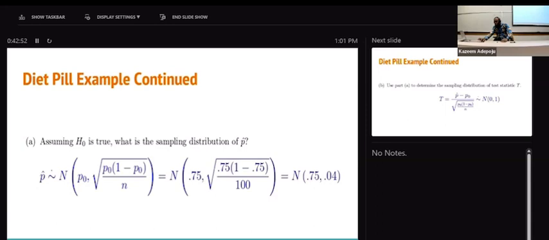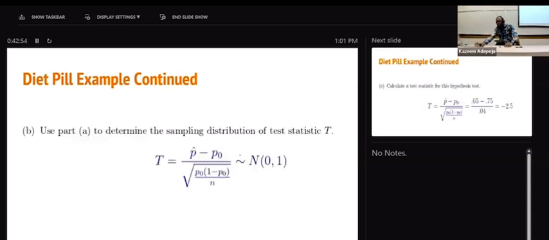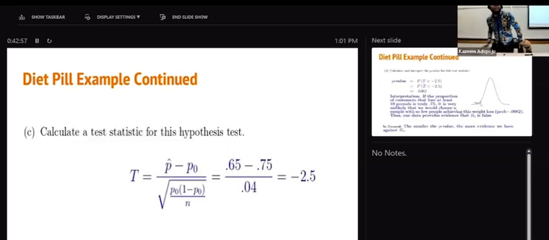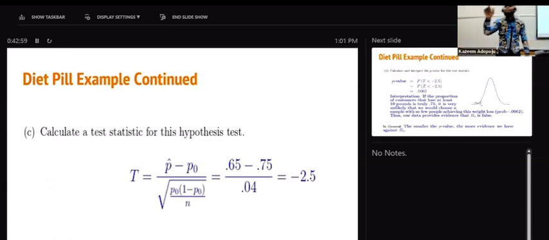Now, what is the test statistic? If I want to test hypothesis about proportion, this is the test statistic formula. It's going to be P cap, the sample estimate, minus the hypothesized value.